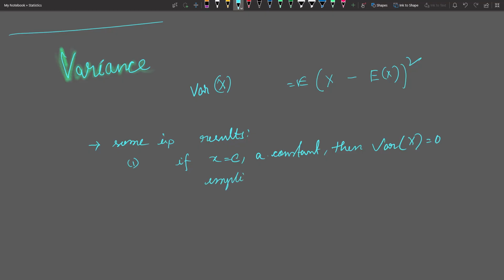And this implies that X is equal to c with probability 1. If X is equal to c, a constant, then variance of X is equal to 0, and variance of X equal to 0 implies that X is equal to c with probability 1.